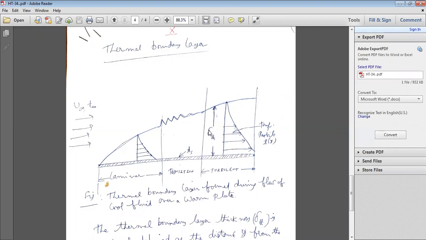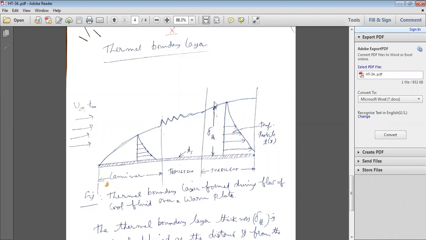But here, instead of delta, we denote the thickness with delta TH. What is delta TH? The thermal boundary layer thickness. Earlier, delta only was the hydrodynamic boundary layer thickness. But for the thermal boundary layer thickness, you denote it with delta TH, TH for thermal.